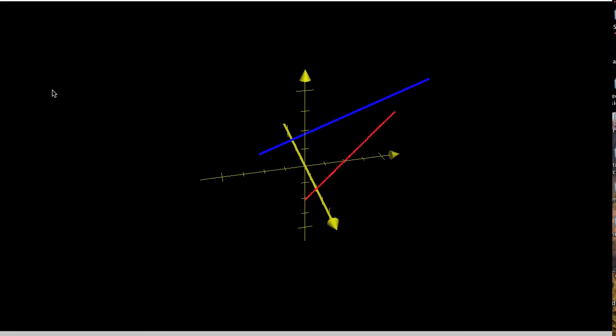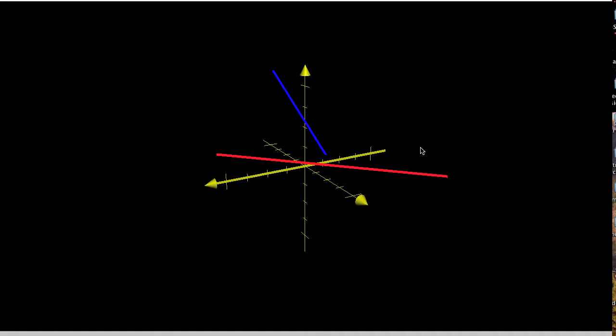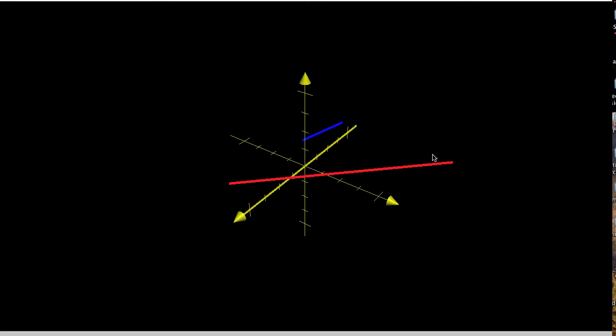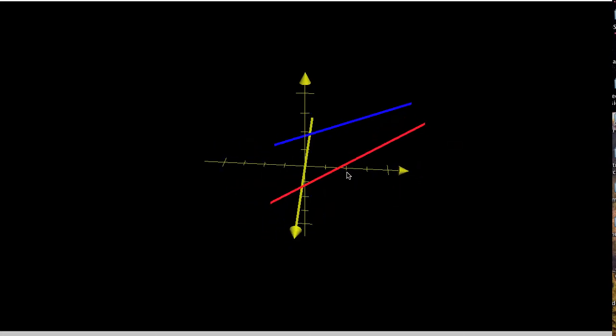Now, how do I go about computing that white line? Well, I want to find the direction that is perpendicular to both lines. If I imagine a vector in the direction of the blue line and a vector in the direction of the red line, I can find a vector perpendicular to both of those vectors by doing the cross product of the two vectors.